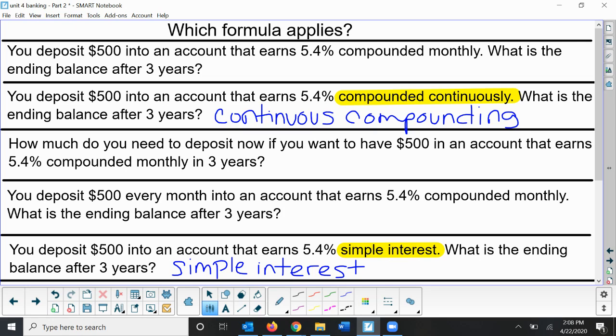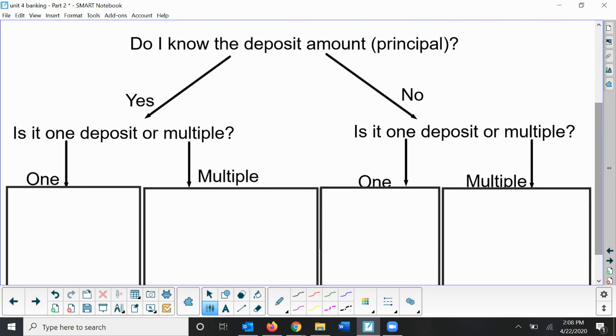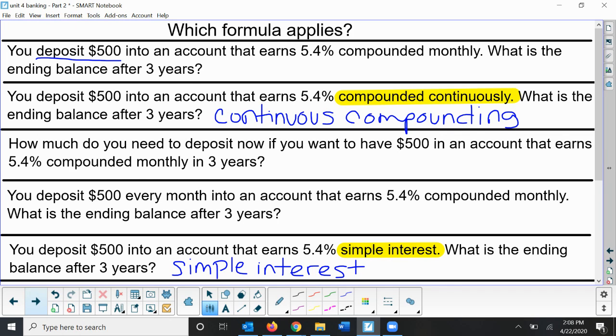I'm going to look at my first problem here, and I see that I have the deposit amount of $500. So if I follow my flow chart for the first question, do I know the deposit amount? Yes, I do. It's a $500 deposit. Now I need to look at the rest: is it one deposit or multiple?